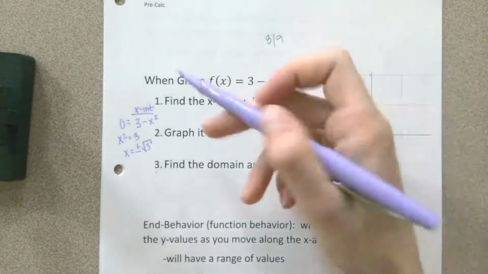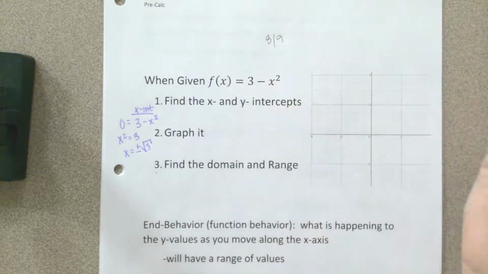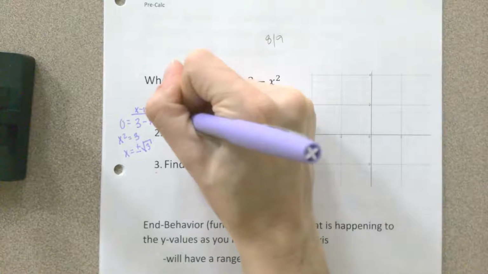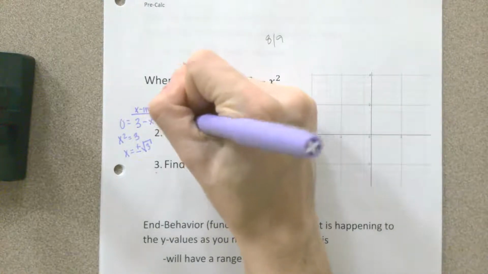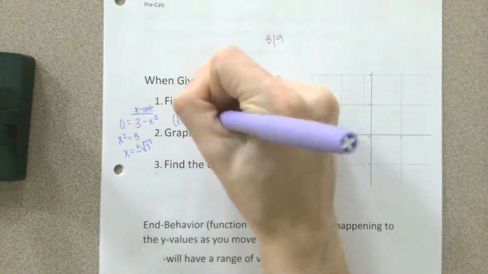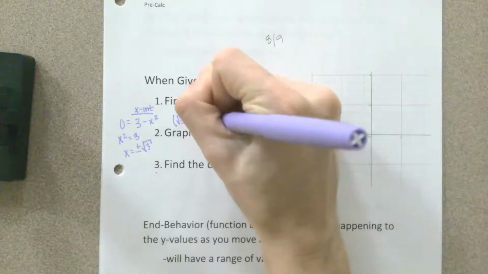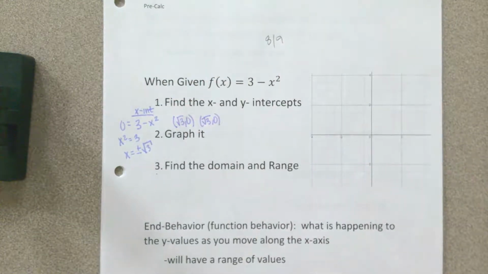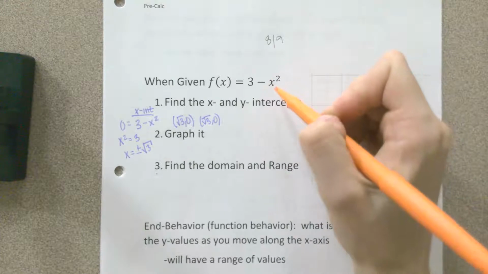So I have no room, sorry guys, but my x-intercepts are square root 3, comma 0, and negative square root 3, comma 0.